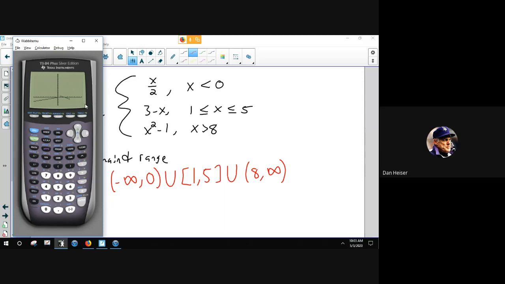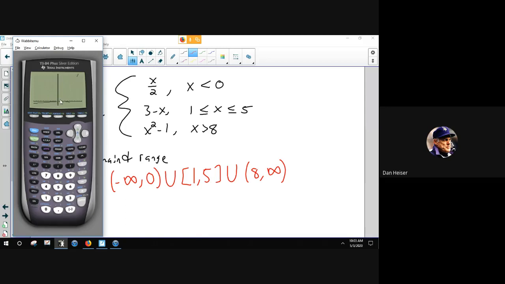And I can't see the top part because we're starting with 8, so that's a huge y value. Let me change the window. Let's make that 70 so we can at least see a little piece of that. And there we go. Okay, so we have a huge gap from here to here. Huge gap in the y values.